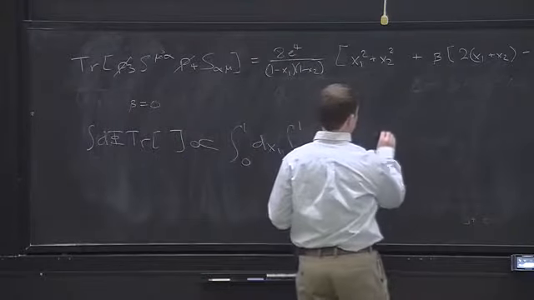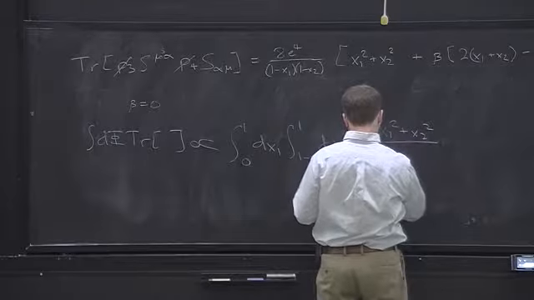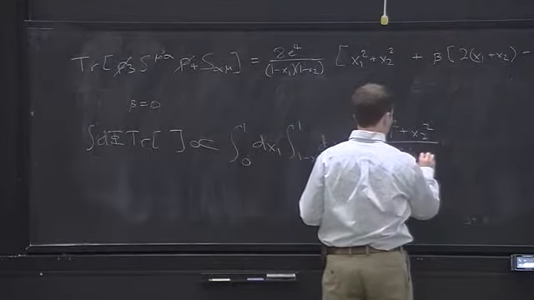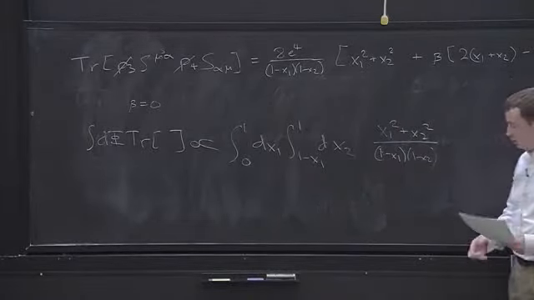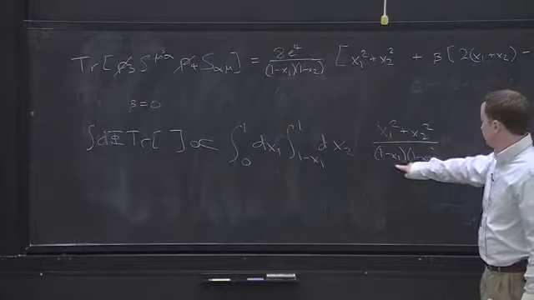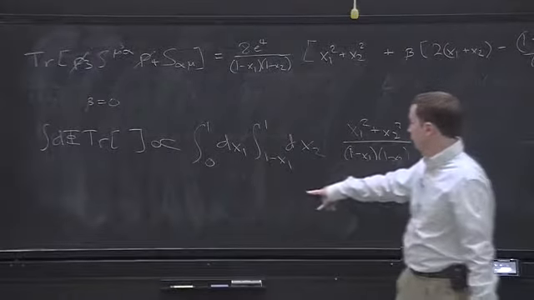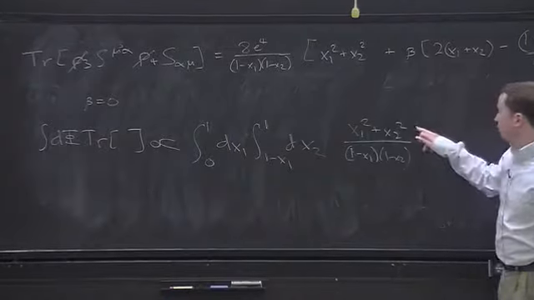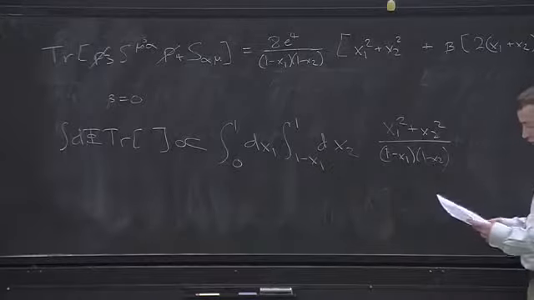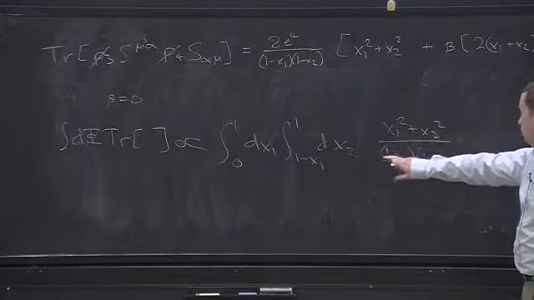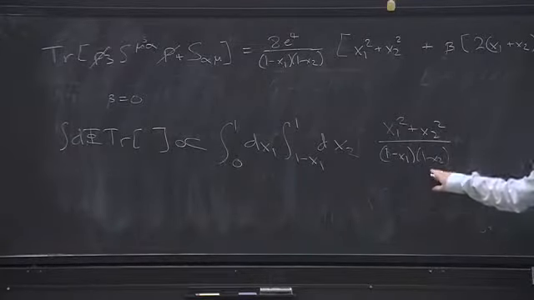And then we have x1 squared plus x2 squared over 1 minus x1, 1 minus x2. And so this diverges. It's not surprising that it diverges. We've got 1 minus x1, and we're integrating x1 up to 1. This numerator is finite there, so we'll get a divergence when x1 is near 1, and this is completely symmetric. If we exchange x1 and x2, we'll also get a divergence when x2 is near 1.